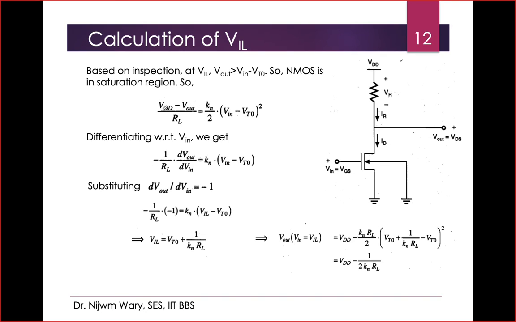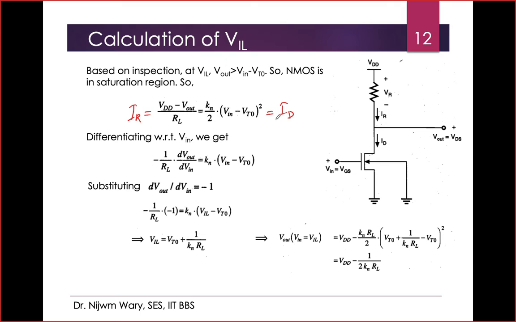So I can equate the current through this resistance with the current through the MOSFET. IR equals ID, and because the MOSFET is in saturation region, the V out is much higher than V in minus VT naught, satisfying the saturation region operation of the MOS.